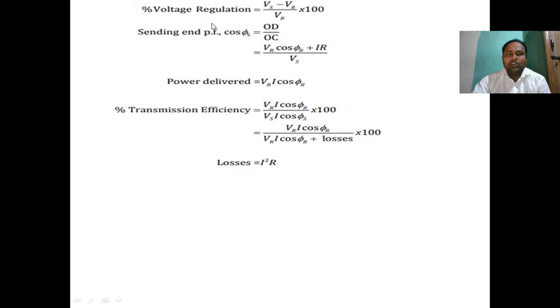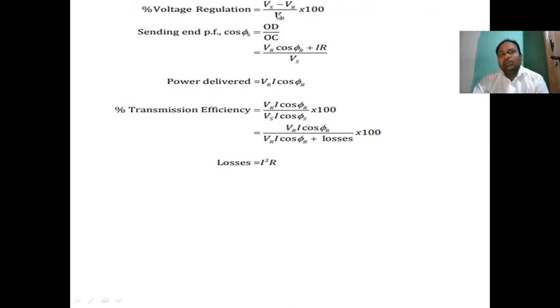So percentage voltage regulation. What is the voltage regulation formula normally? The change in voltage from no load to full load, expressed as a fraction of full load voltage, into 100. So it is Vs minus Vr by Vr into 100.